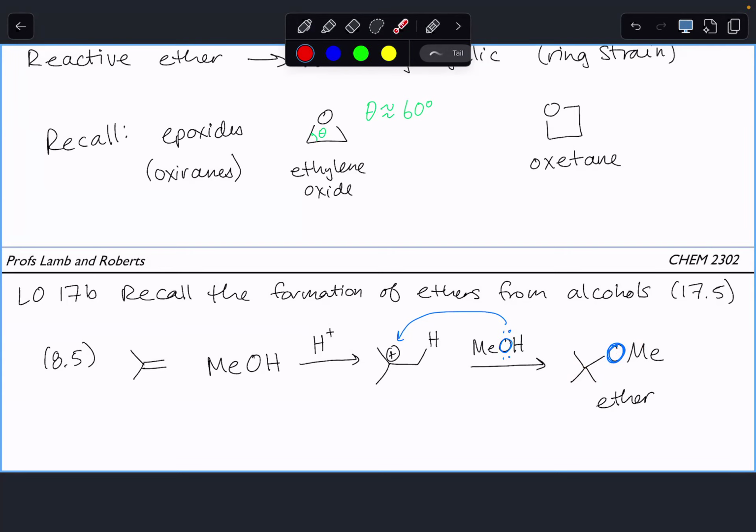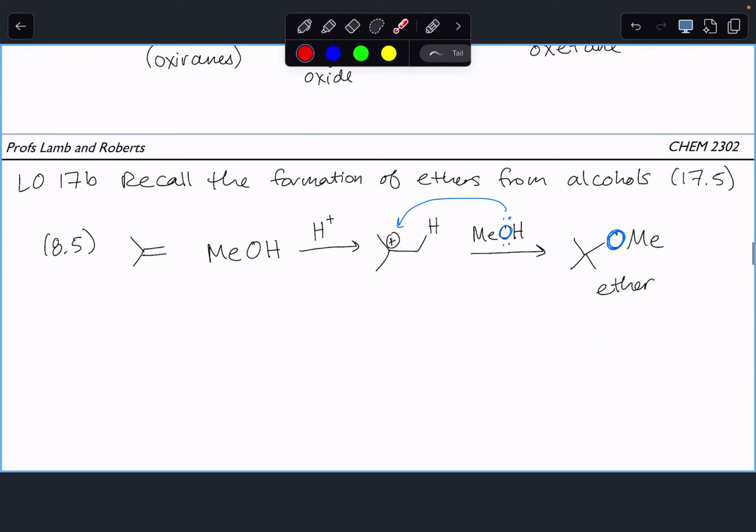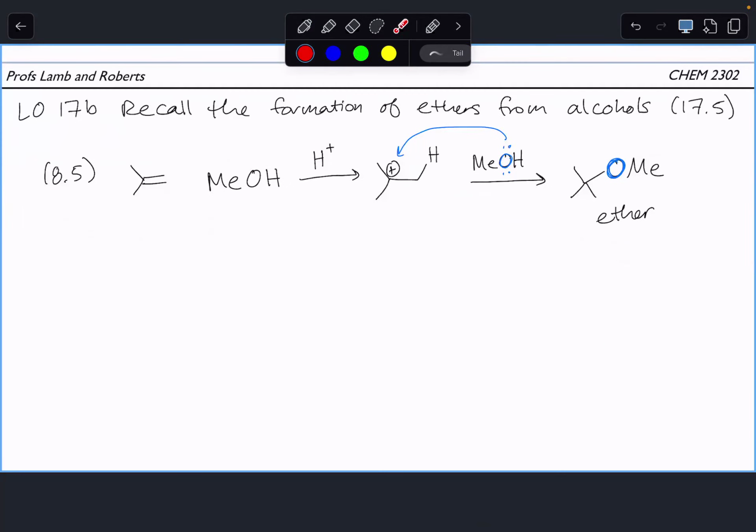Okay, so that's one way we can make ethers from alcohols, but we also need an alkene, right? So we made our electrophile from the alkene. And then the other way that we've learned, we just learned last chapter in 16.7. This was the reaction where we had a primary alcohol.